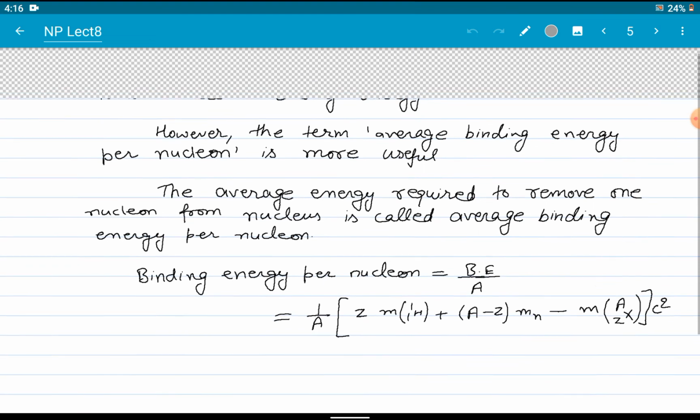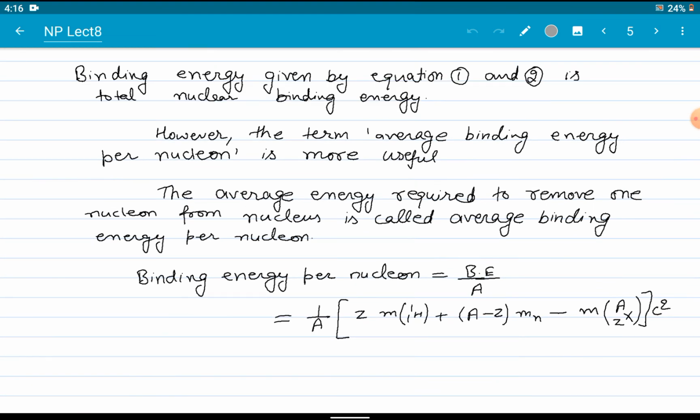Next page. Students, till now we are discussing about binding energy, but a term which is called average binding energy per nucleon is rather more useful instead of binding energy. And what is average binding energy per nucleon? एक न्यूक्लियन को न्यूक्लियस से बाहर निकालने के लिए कितनी एनर्जी देंगे, उसको हम बाइंडिंग एनर्जी पर न्यूक्लियन बोलेंगे. अगर आपको सारे ही न्यूक्लियंस न्यूक्लियस से बाहर निकालने हैं तो फिर आपका टोटल बाइंडिंग एनर्जी निकालना है.